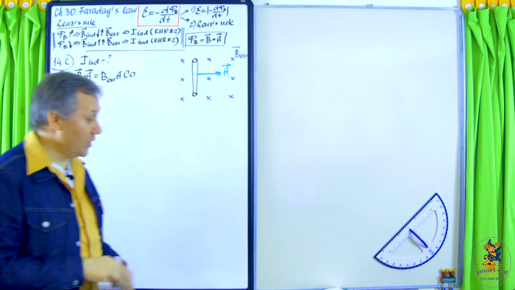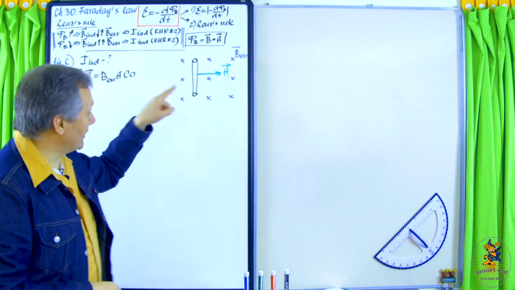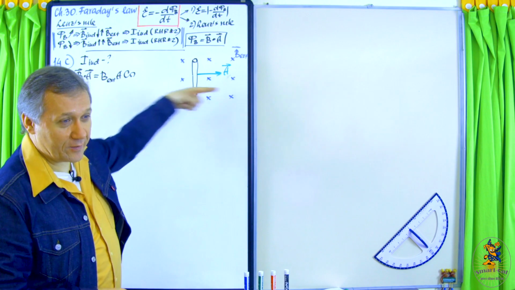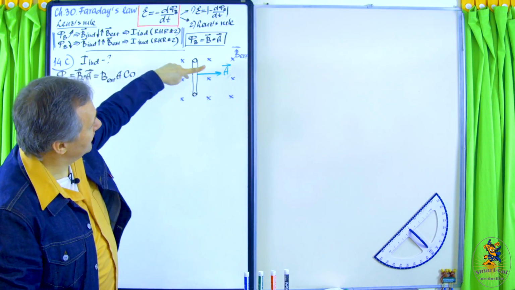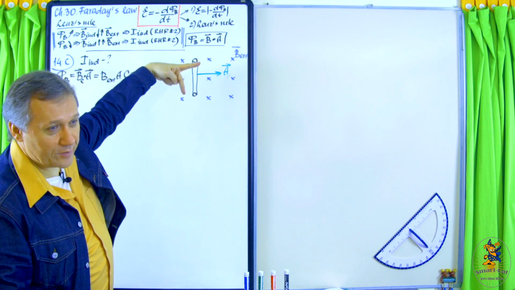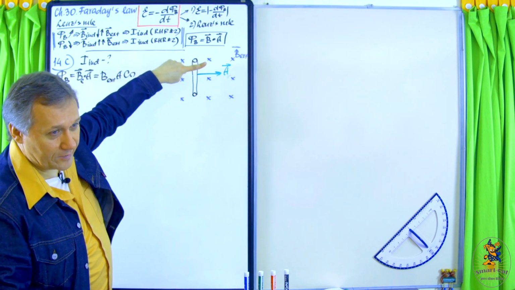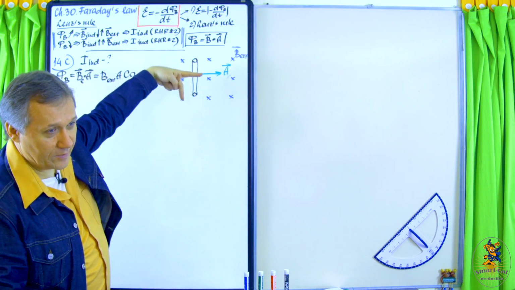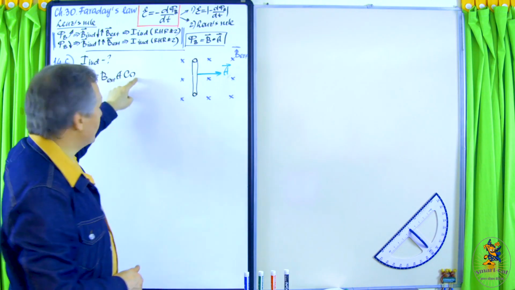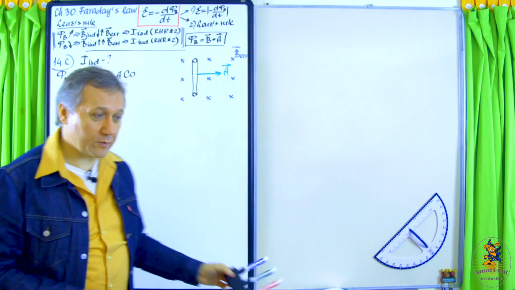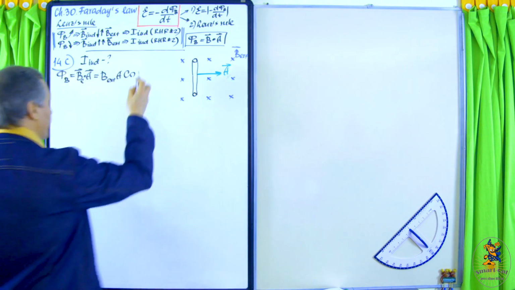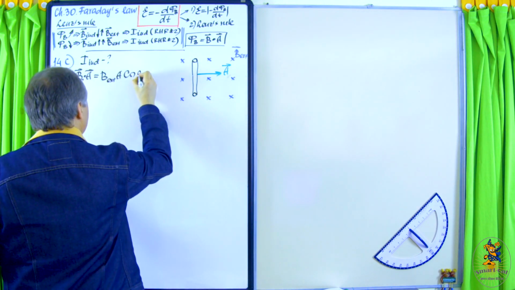Now what's the angle between the magnetic field, which is into the board, and the area vector, which is that way? So the angle between them is 90 degrees, and the cosine of 90 degrees is 0. That's the mathematical explanation of why the flux is 0.